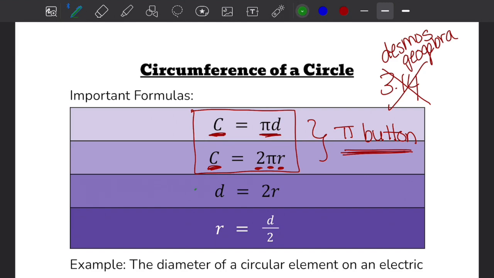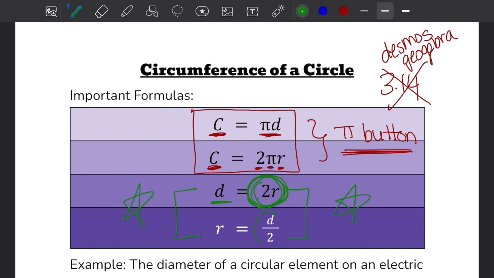Now, the next two formulas are not in your formula sheet, but they are very important, so I suggest that you write them in your cheat sheet for your test. The first one relates diameter and radius. If you know the radius and you want to know the diameter, you just multiply the radius by 2, and that gives you the diameter.